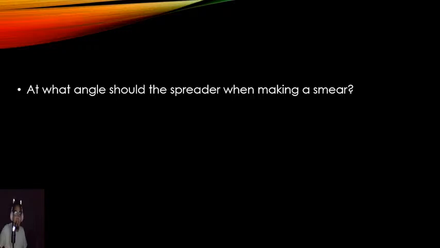Alright, so what angle should the spreader be when you're making a smear? Yes, they're going to ask you this question. I'll also help you later, because there are situations when you increase the angle and when you decrease the angle of the smear.